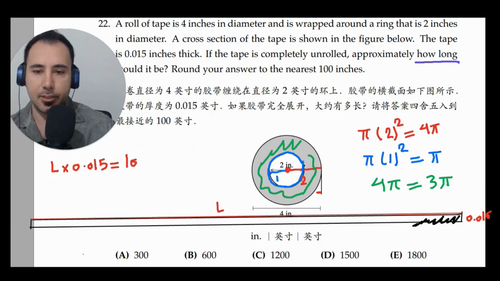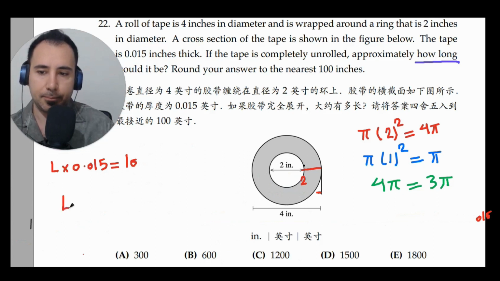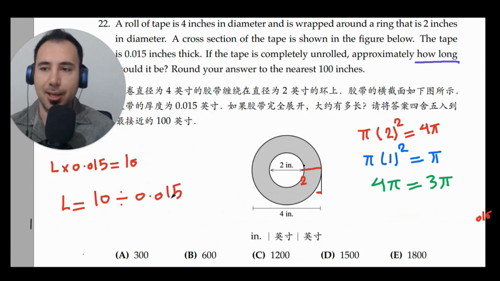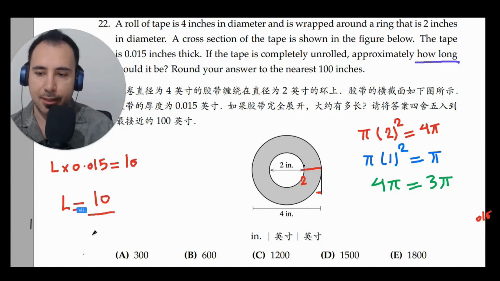Let me give myself some space here. So L would be 10 divided by this value, 0.015. I would write it as a fraction. Now, how do we get rid of this decimal?